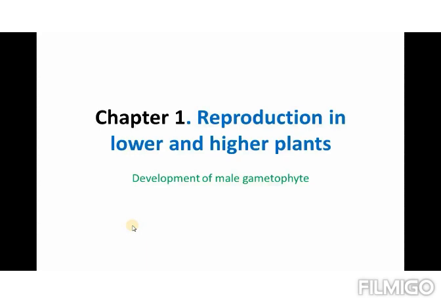So after the TS of anther, in which we have studied how there was the formation of the pollen grains, which is also called the microspore, and this microspore or the pollen grain only is the first site of the development of male gametophyte.